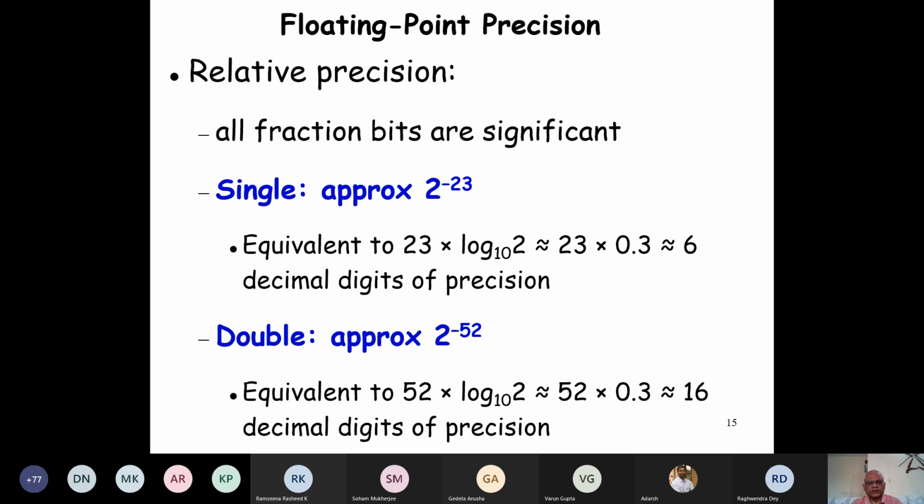And similarly for the double precision, we have 2 to the power minus 52, which is equivalent to, if we do this, how many digits we can manipulate. The answer is 16 digits. So 15 zeros and 1. That's the smallest number we can manipulate.